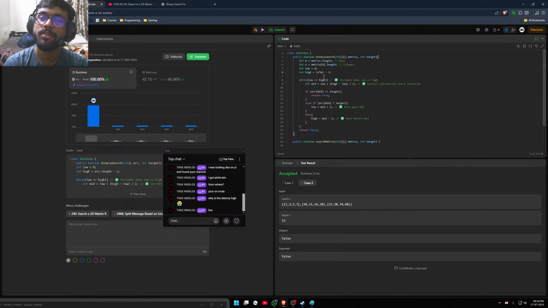Now we know how to find the mid. We have calculated the mid, now we have to see the element at the mid, so row and column. To find the row, we divide it by what?